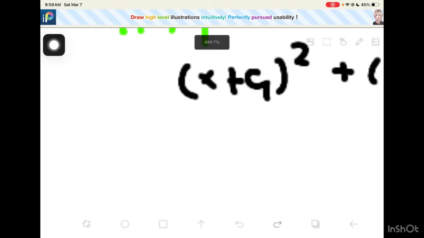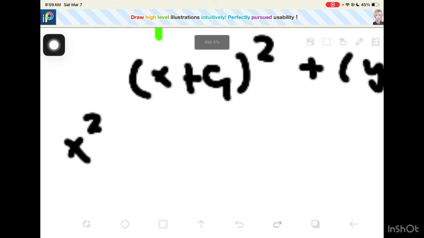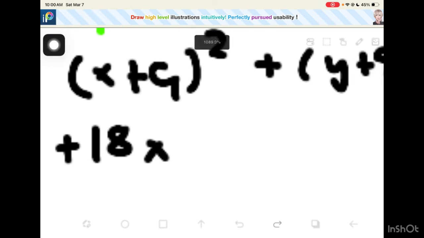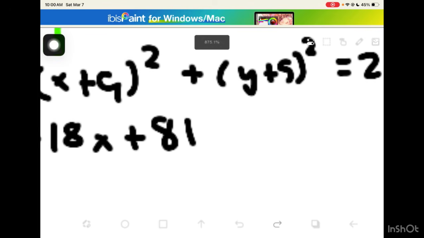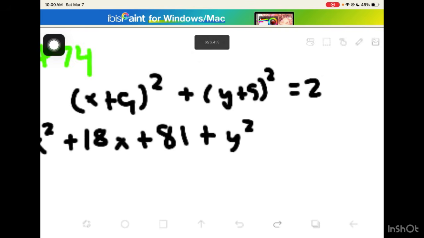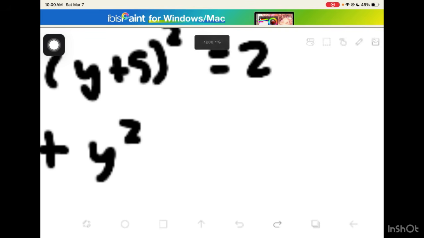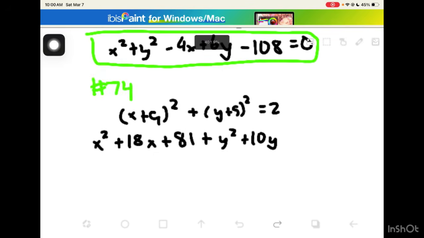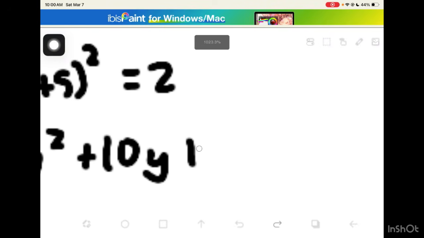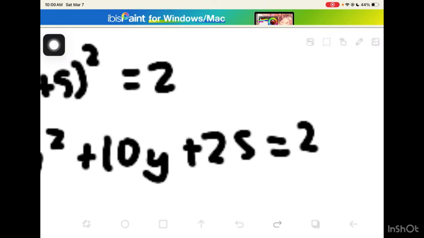So binomial expansion, we get x squared, double 9, 18, that's your x, then square 9, 81, plus y squared, double 5, 10, 10y, 5 squared, plus 25 equals 2.